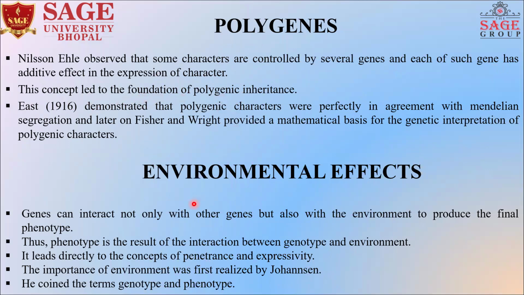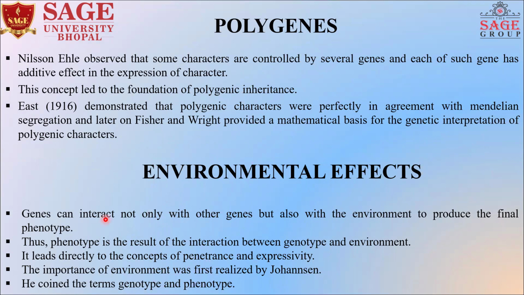The next concept is the environmental effect. When we observe an offspring, we always think that the effect the offspring got is from the parents only, or the genotype only. But in some cases, it may be due to the environment also.